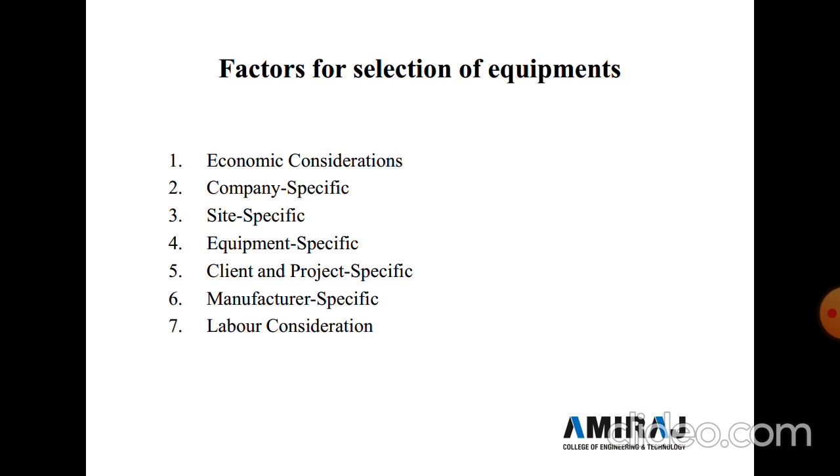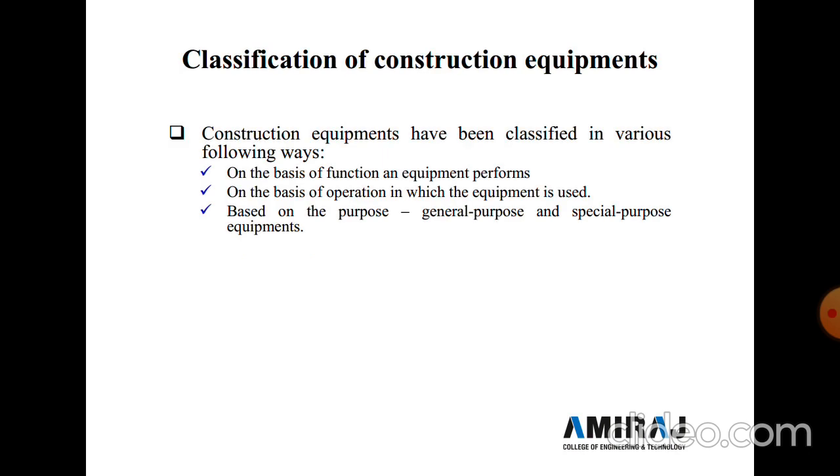Now next, the first one is classification based on function and equipment performance, like completing the work within 1 hour or within 2 hours, etc. Whether equipment performance is very fast or slow depends on the equipment.